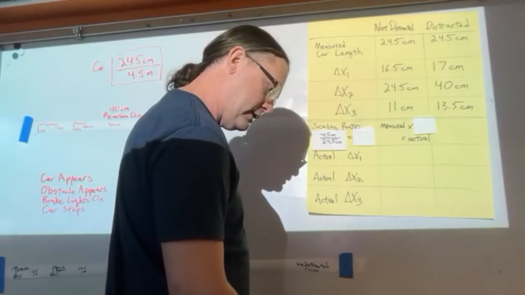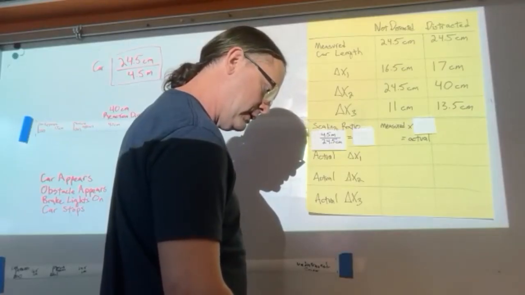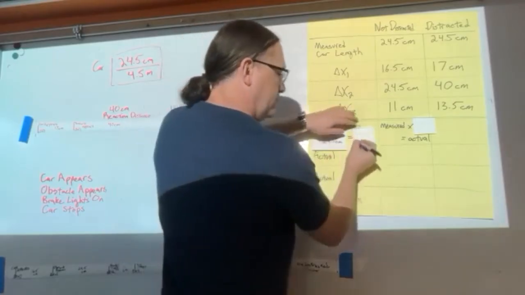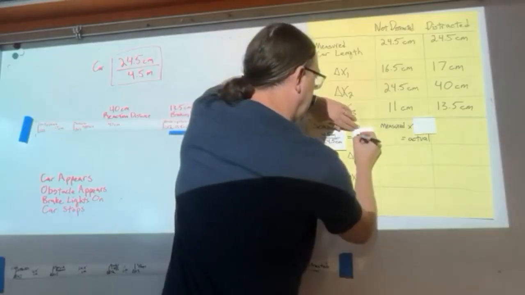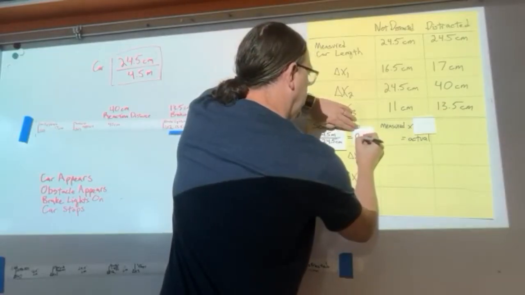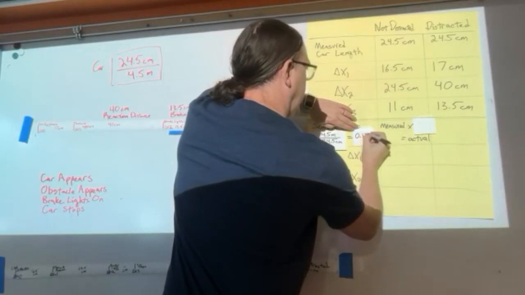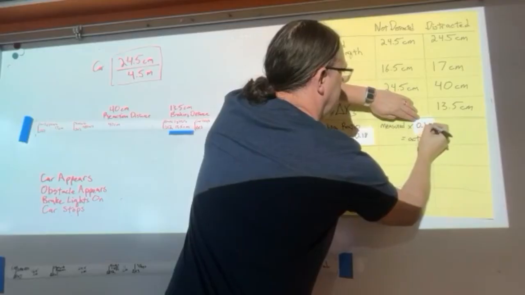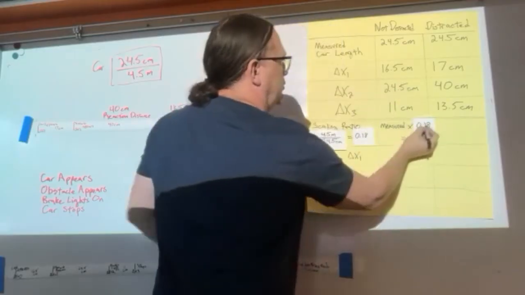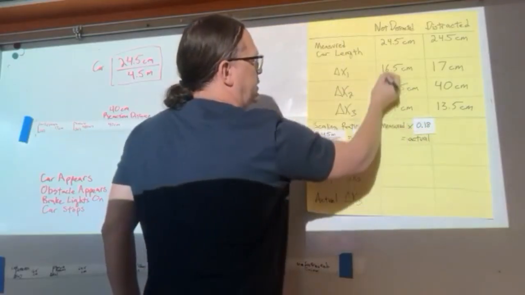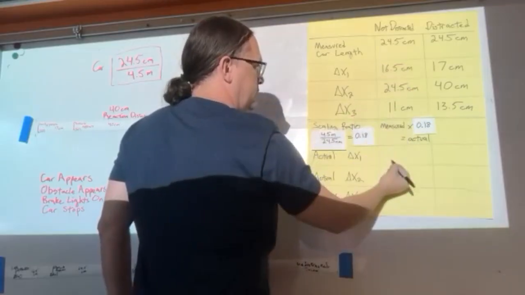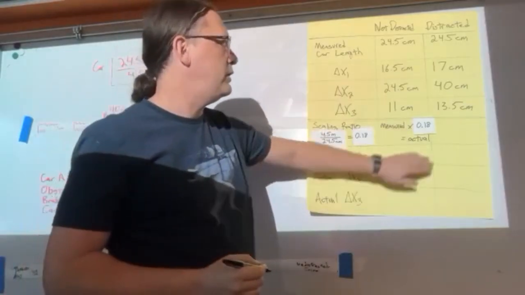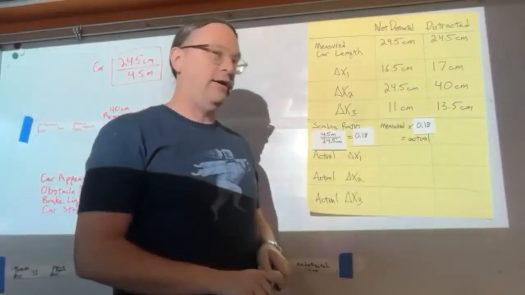So that means our scaling ratio means we multiply by 0.18. Let's take that number and multiply it by the measured distances to get our actual distances for our not distracted driver and our distracted driver.